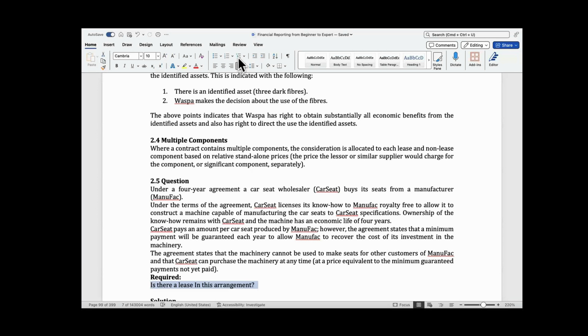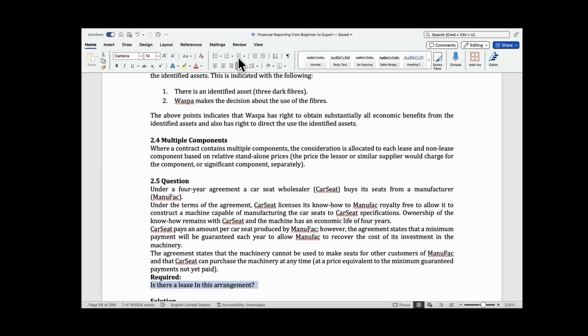Hold on. Who is the lessee here? Who is the lessor here? Based on this, the machinery cannot be used to make seats for other customers of Manufac, and that car seat can purchase the machinery. Okay.